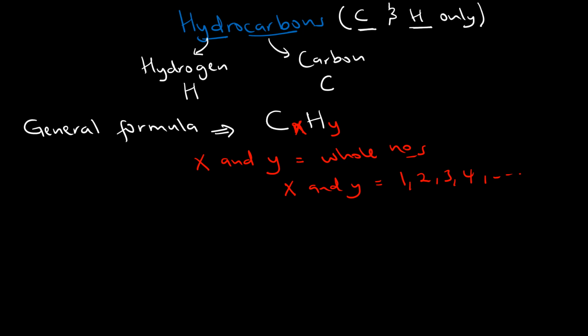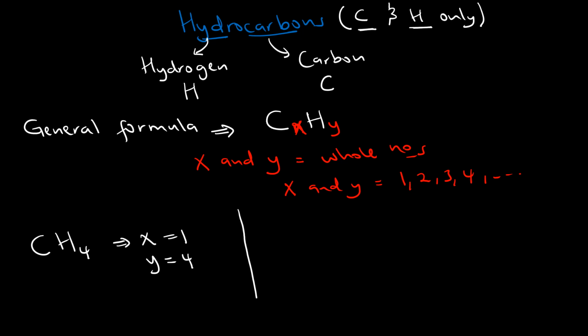For example, take a look at this simplest hydrocarbon, methane, CH4. CH4 will mean that we have an invisible 1 here, and that means our X in CH4 will be 1 and our Y will be 4.